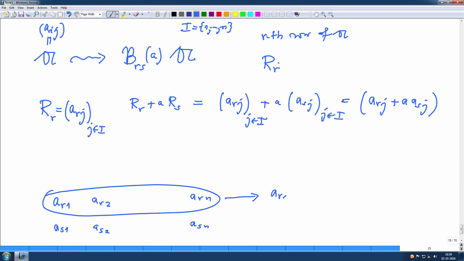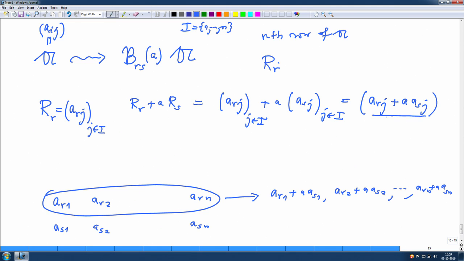So A_r1 plus a A_s1, comma, A_r2 plus a A_s2 and so on, A_rn plus a A_sn. So this is precisely this row.